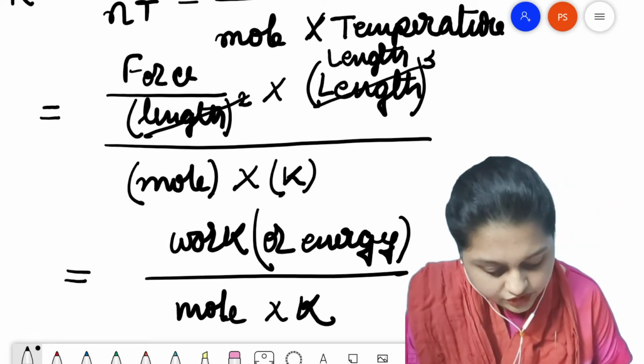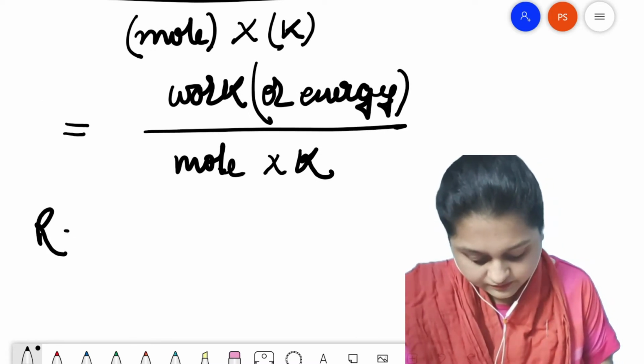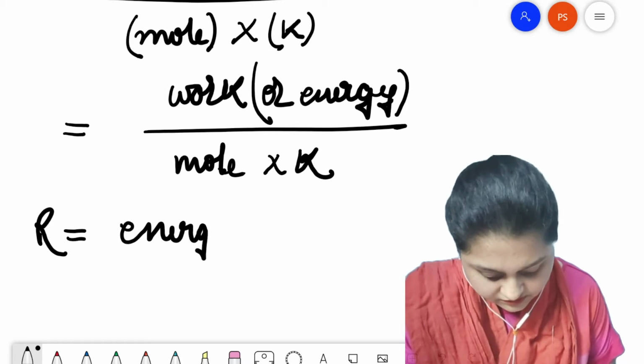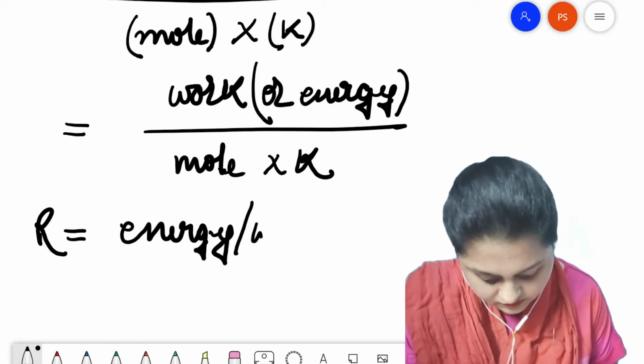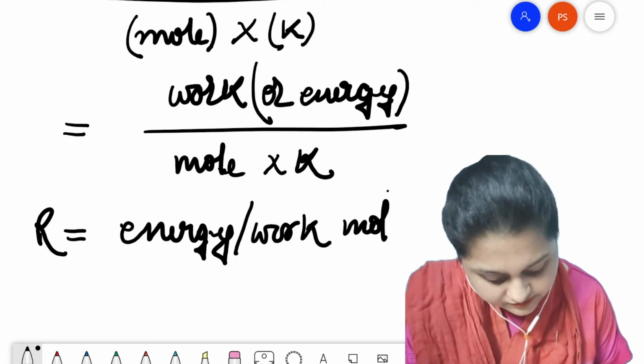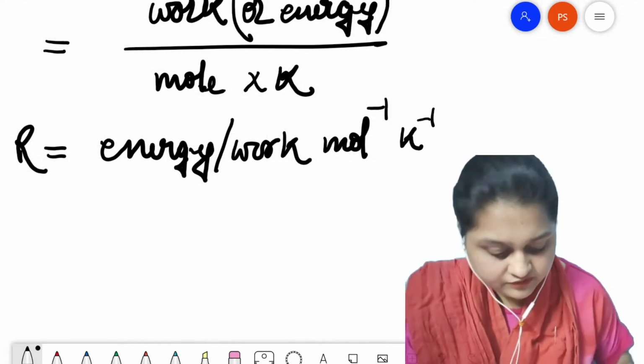So the unit of R is going to be unit of energy or work, mole inverse, Kelvin inverse.